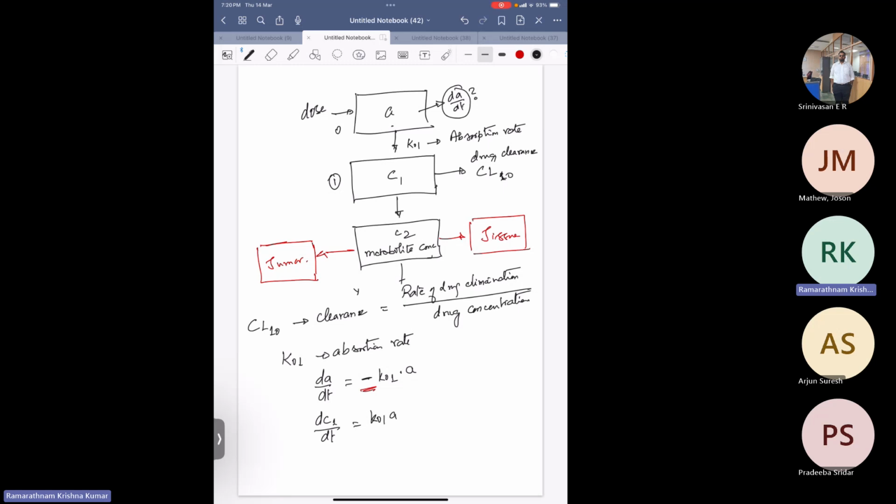Now I want a concentration of this. How do I get concentration? Because C1 is concentration. C1 at time t. K01 itself has time, because it is the absorption rate. The left side is dC1 of t by dt, and the right side is divided by volume.